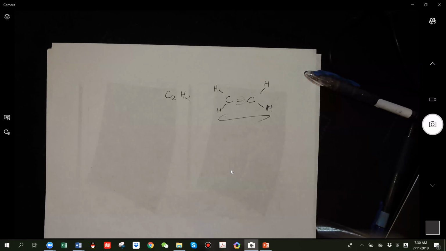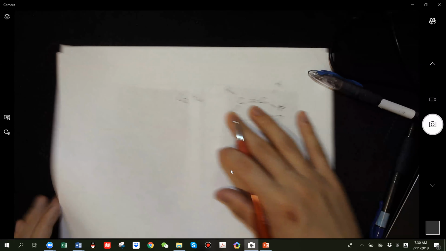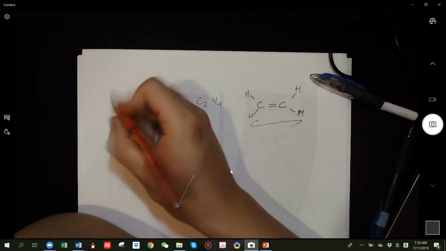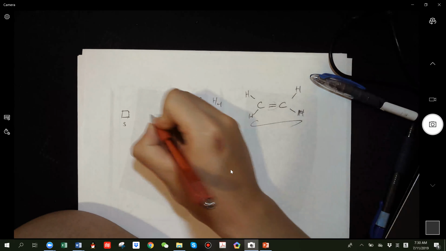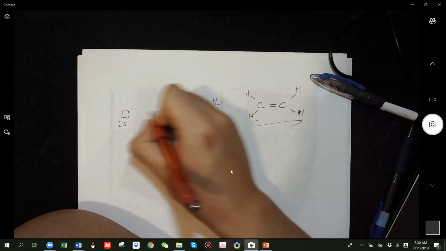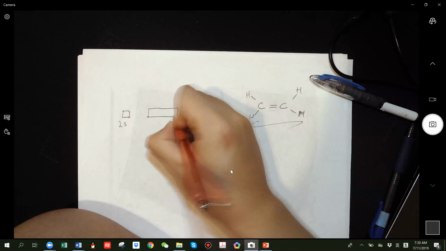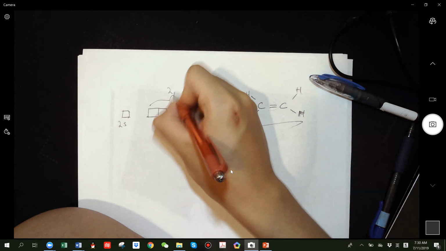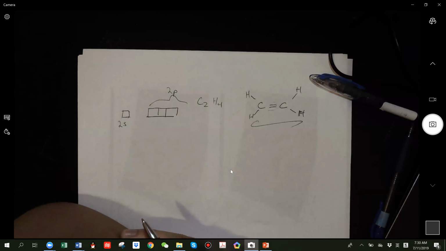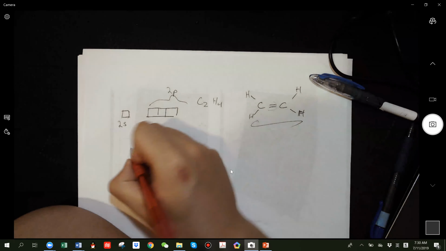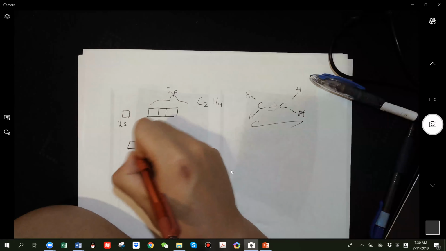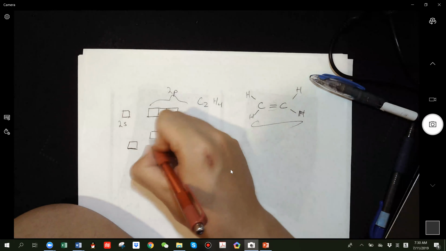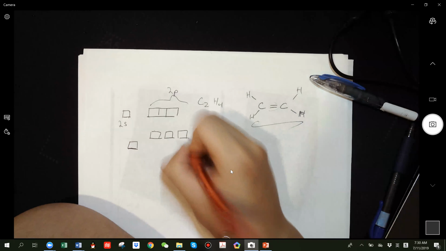So let me draw my orbitals. This is an s orbital, so 2s. And we have 3 2p orbitals. So I'll draw it like this to emphasize that the s orbitals are lower in energy.